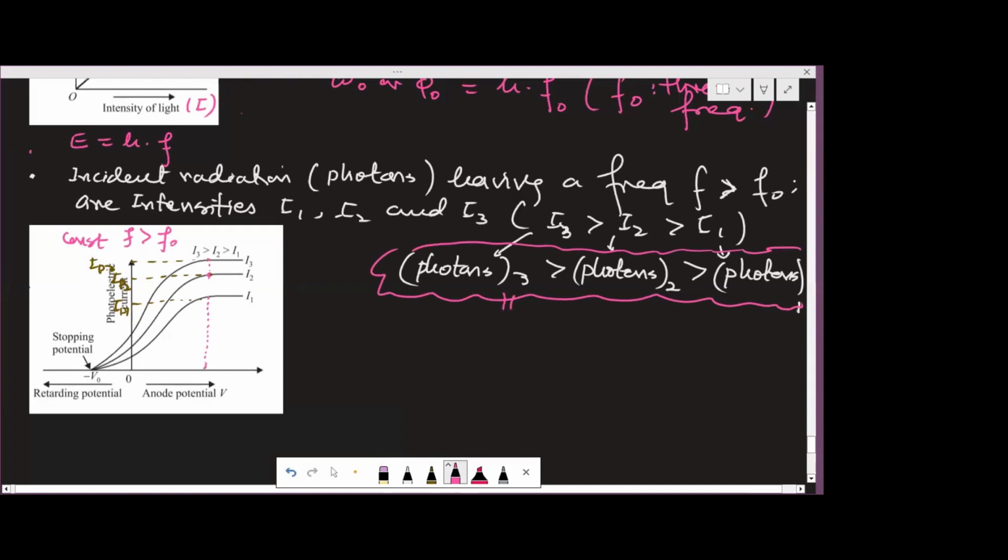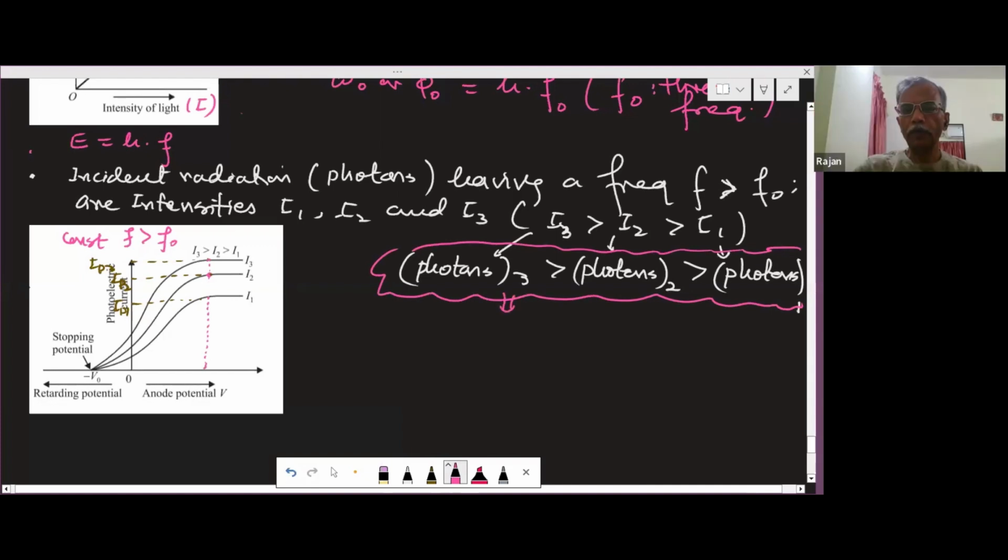Got it, sir. So if it is so, we can say the IP, that is your photoelectric current we have discussed, so IP3 will be greater than IP2, which is greater than IP1.